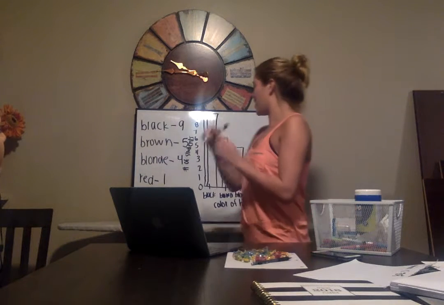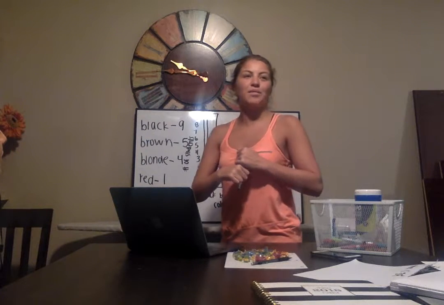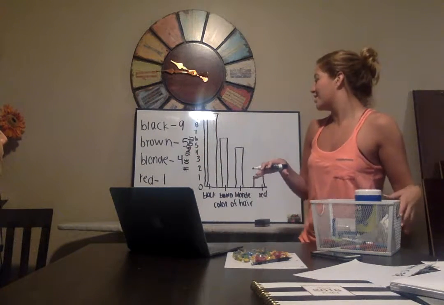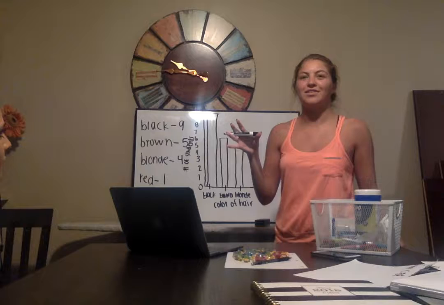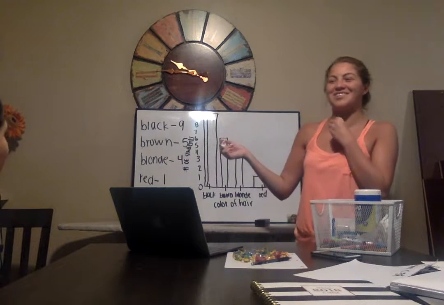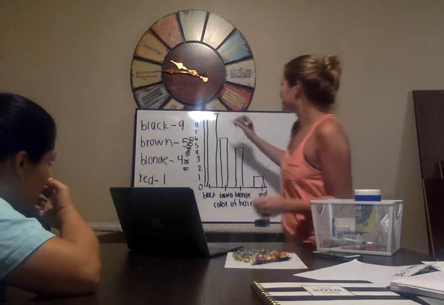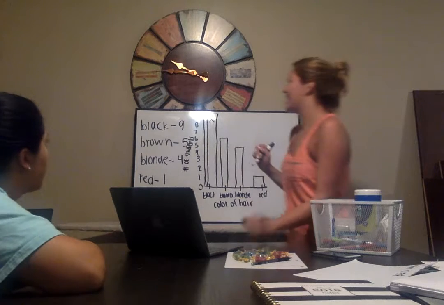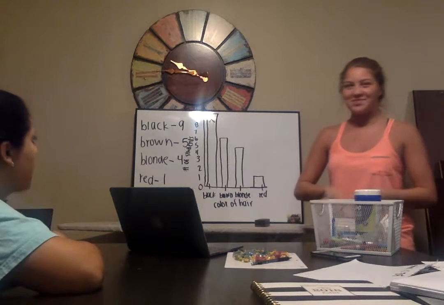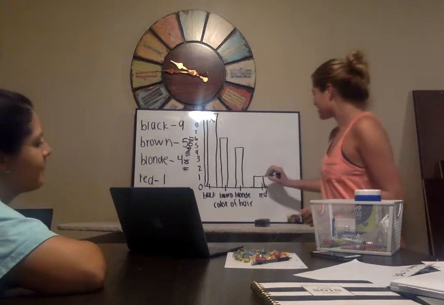So how many people have the most amount of hair? What color has the most amount of students? Yes. That would be black. Yes. Black has the most amount. And who has the least amount? Red. Yes.